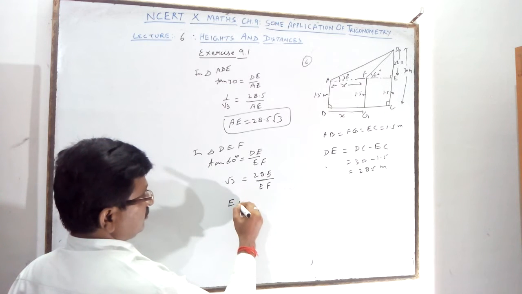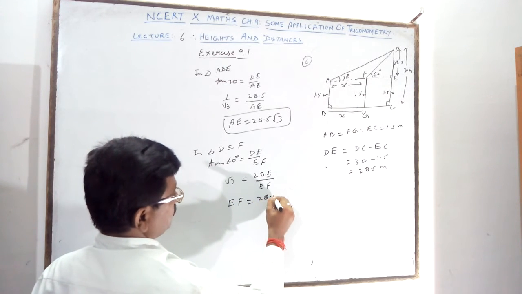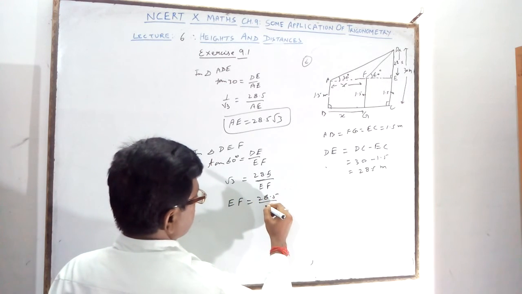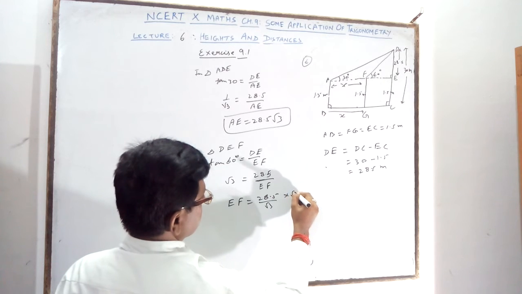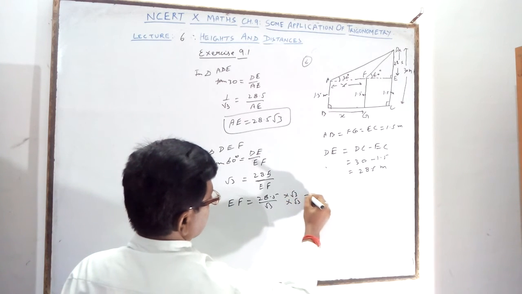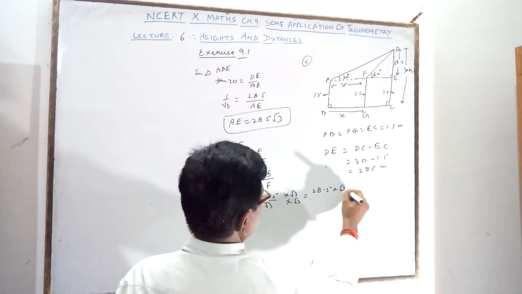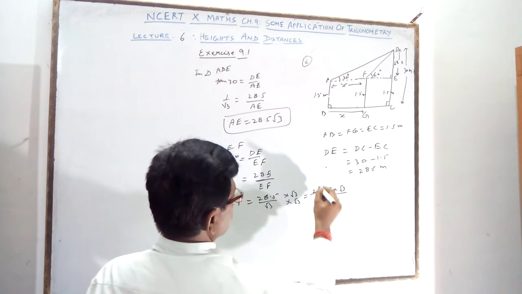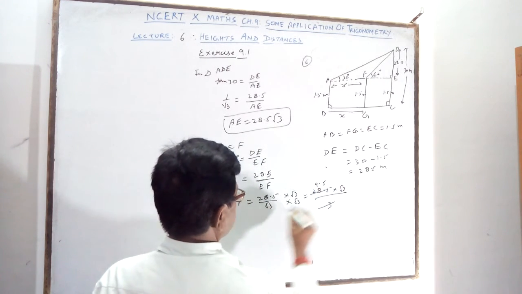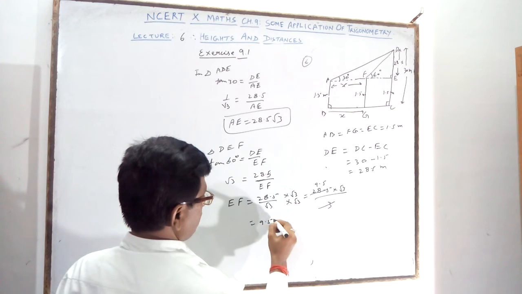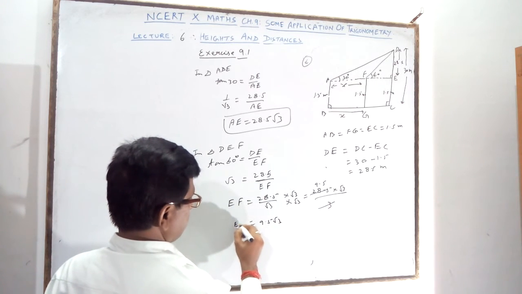So EF is equal to 28.5 by root 3. Rationalize it and you get 28.5 into root 3 by 3. 3 nines are 27, 3 fives are 15, so it is 9.5 root 3. That is EF.